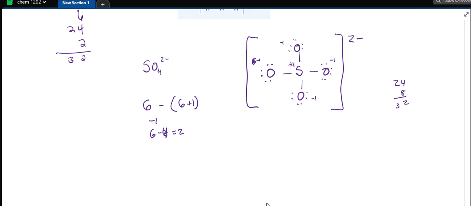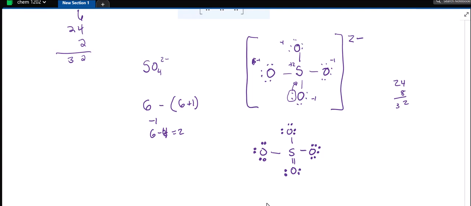So let's see what happens if instead I take a pair of electrons and move it to there. So now I still have 32 electrons, 2, 4, 6, 8, 10, 12, 14, 16, 18, 20, 22, 24, 26, 28, 30, 32.